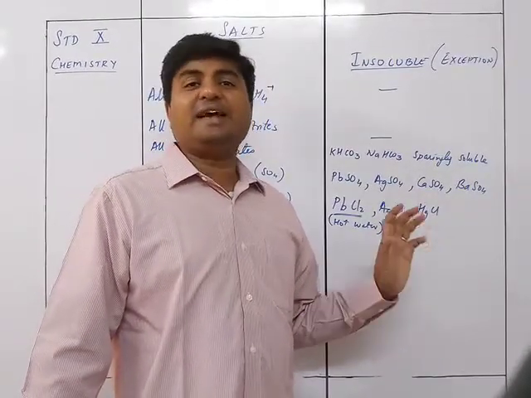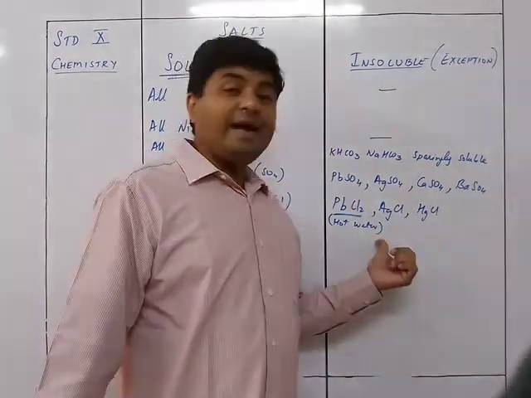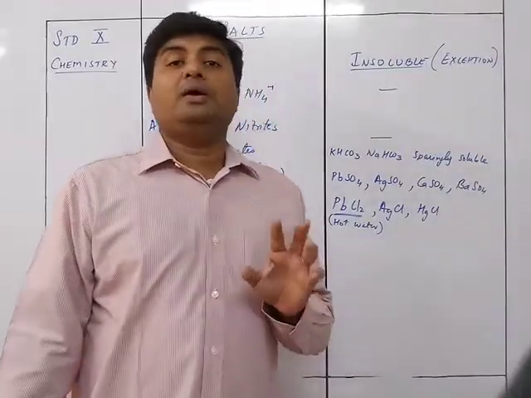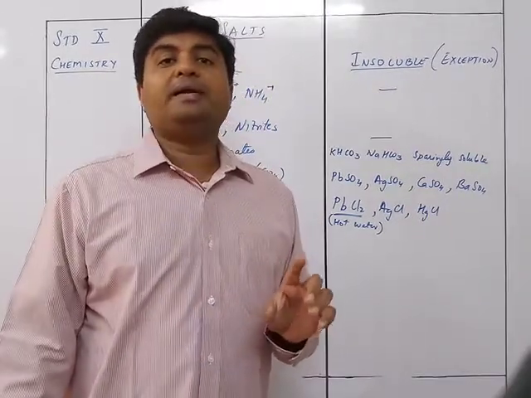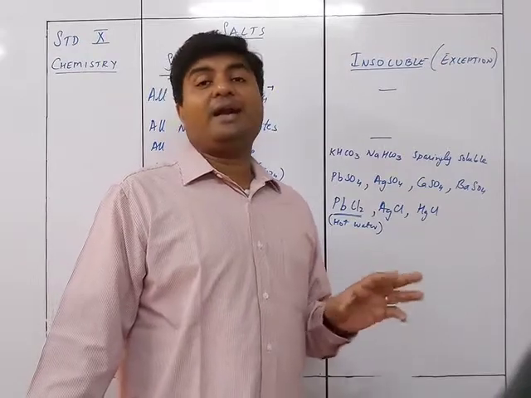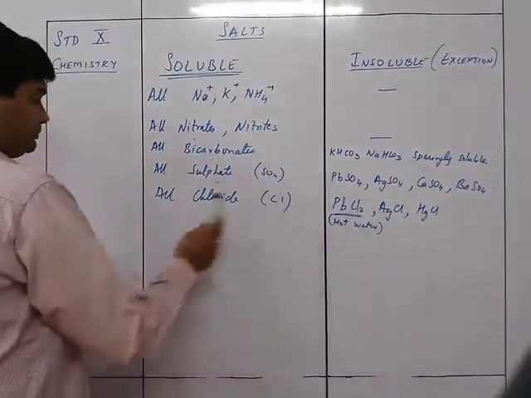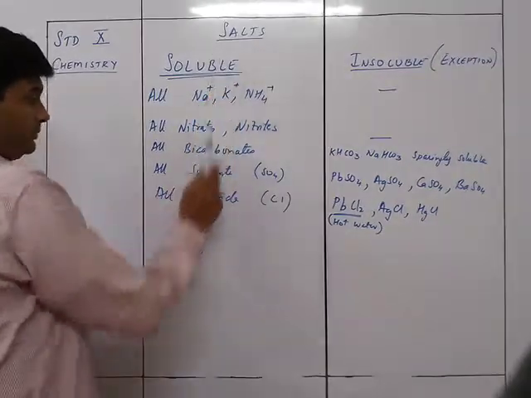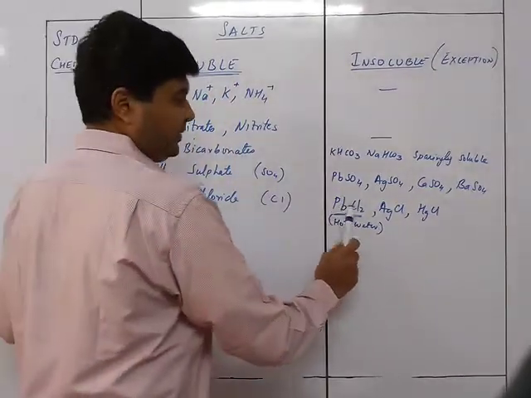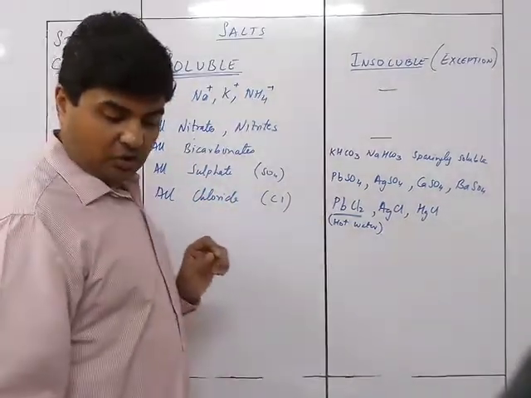AgHg will be insoluble completely. But lead will be soluble in hot water, but it is insoluble in cold water. So if you take cold water, then lead chloride cannot be soluble. So we have over here that all chlorides are soluble, but PbCl2, AgCl and HgCl are insoluble.